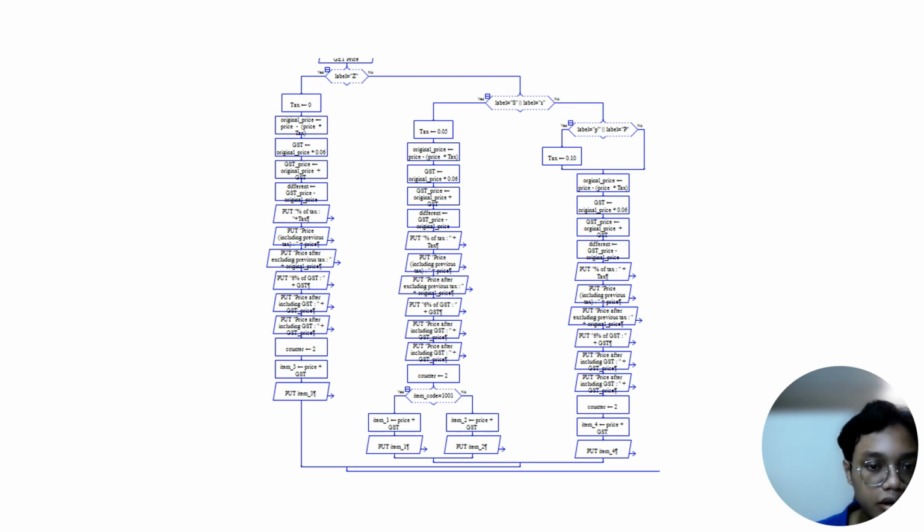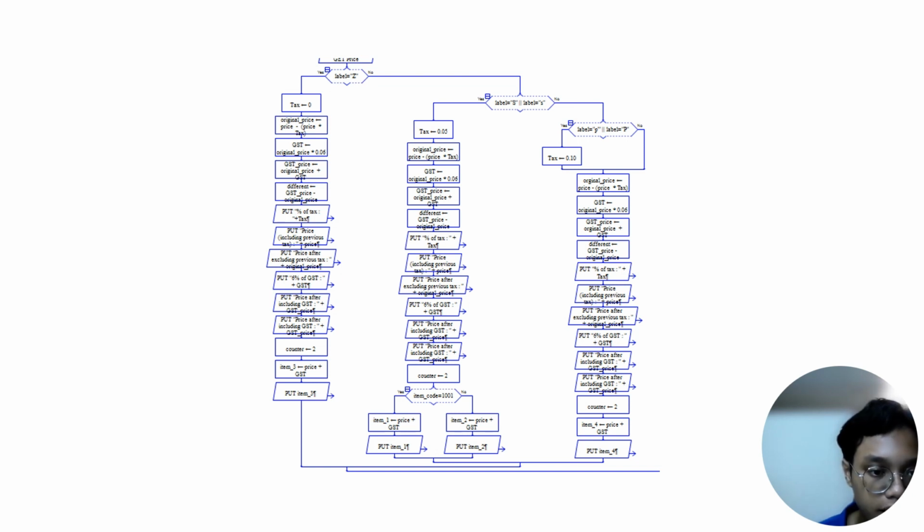Then once it goes to its designated label selection, it will go through some calculation process. Start with declaring the item tax rate, 0% for Z, 5% for S, and 10% for P. Then it will calculate its original price equal to price minus price times its tax rate.